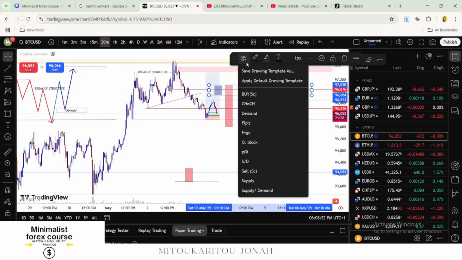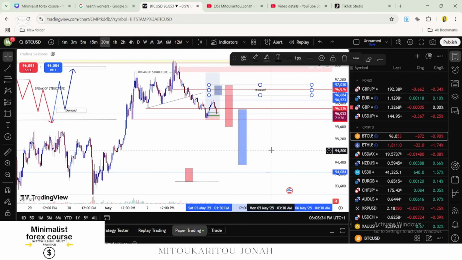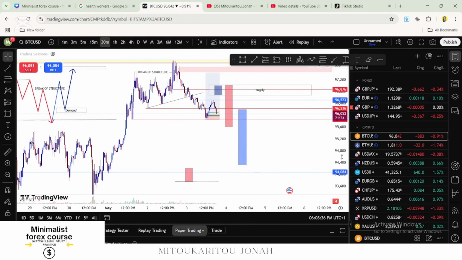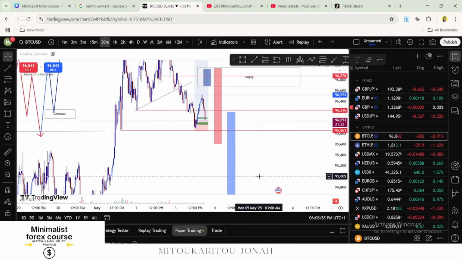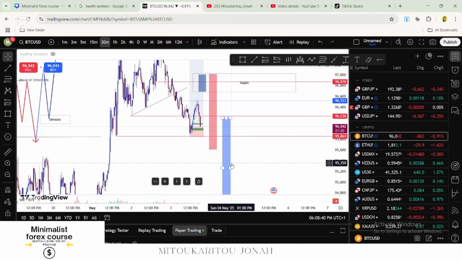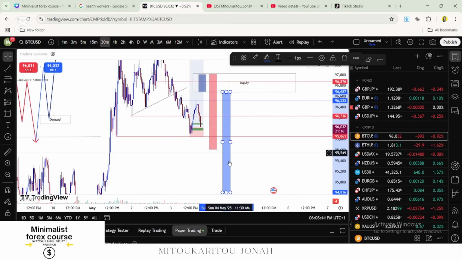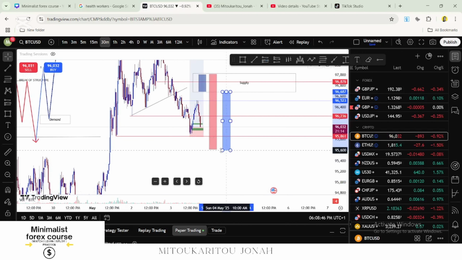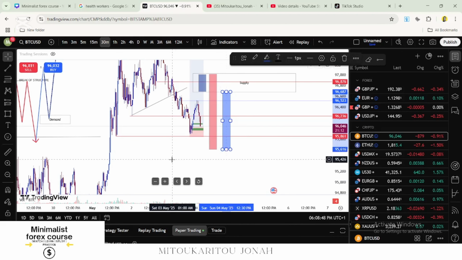This becomes a supply zone because price shot away from it pretty aggressively. So what is price going to do? It's going to have to come back to it to get gas, or fuel, to go down.